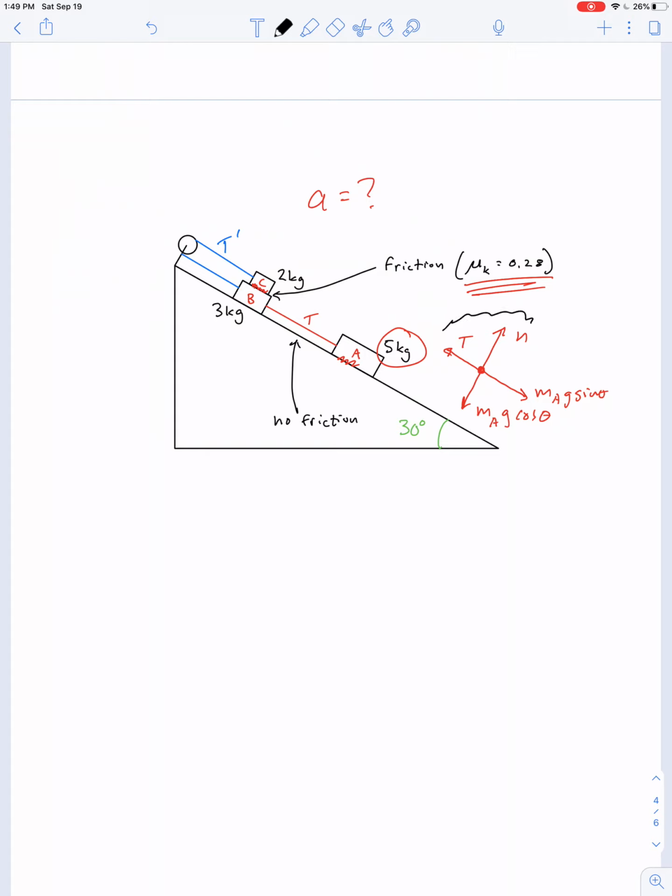Okay, so I think that's a correct free body diagram for our 5 kilogram block. So we can say that m_A g sine theta minus T represents the net force for that block, and then by Newton's second law, net force is equal to m a.